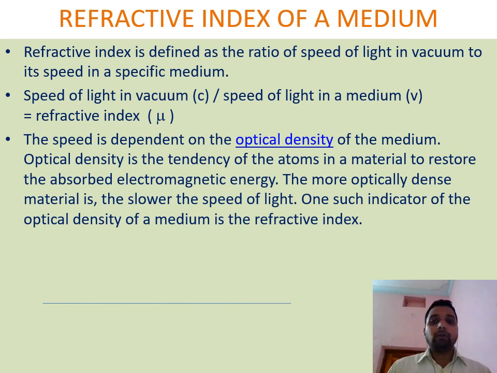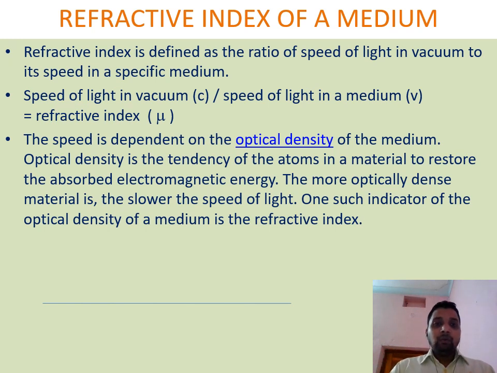So optical density of a medium being more means it is called optically denser, where the speed of light is less. If the speed of light is more, that is optically rarer, meaning optical density is less.